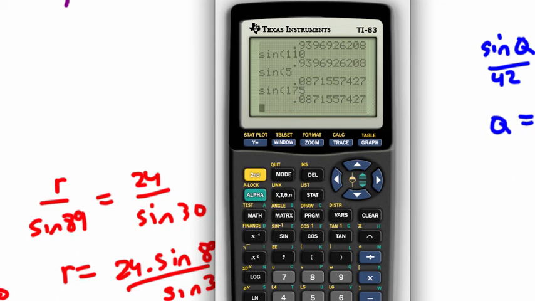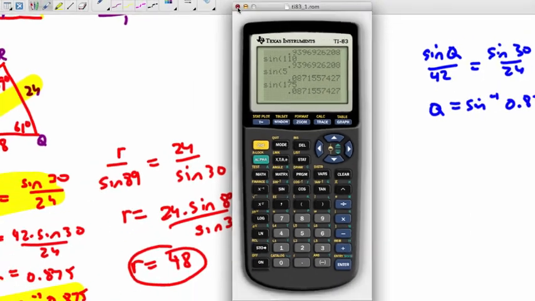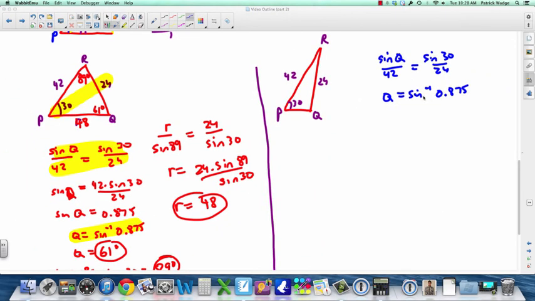So when you get to this point, this inverse sine of 0.875, if you were to do inverse sine, it's going to give you 61 degrees. But what you have to do is say, wait a minute, there's no way this is 61 degrees because it's obtuse. So the way you get this angle right here, this angle is equal to 180 minus 61, which is equal to 119 degrees.